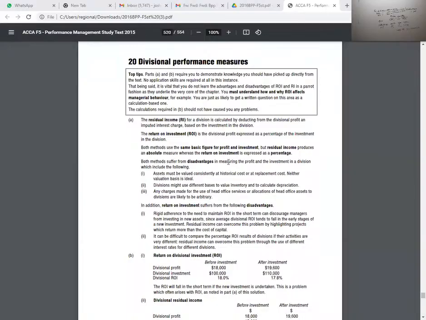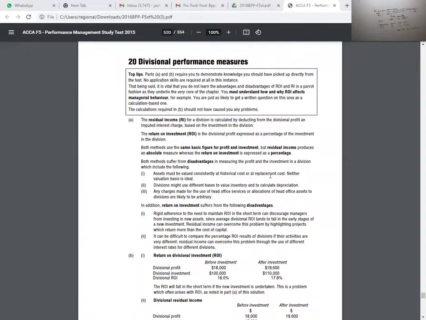Of course, both of them are using profits. So profit is a short-term measure, myopia, where you don't see very far. You're told here, assets must be valued consistently at historical cost or at replacement cost. Neither valuation basis is ideal. So basically we are saying we have to be consistent in how we record our book values.